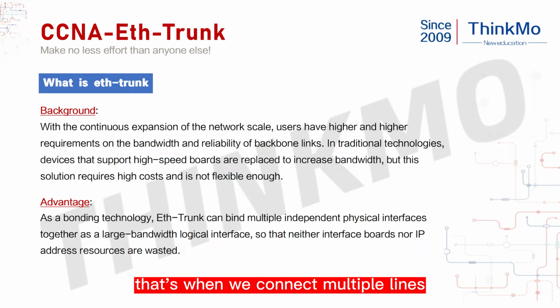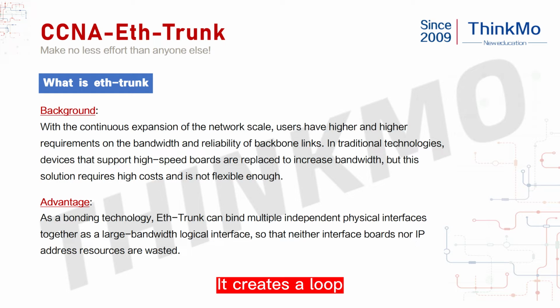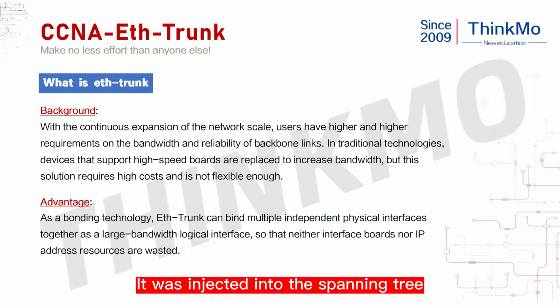When we connect multiple lines, it creates a loop, and that's when we need to block one of the lines or ports. Under normal circumstances, of the lines connecting two switches, just one works, and all the others are blocked by the spanning tree.